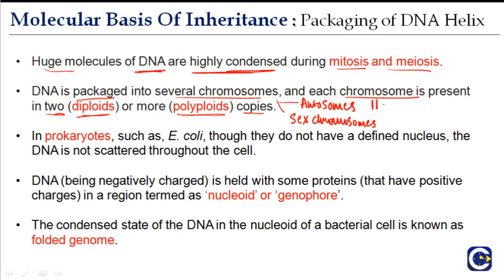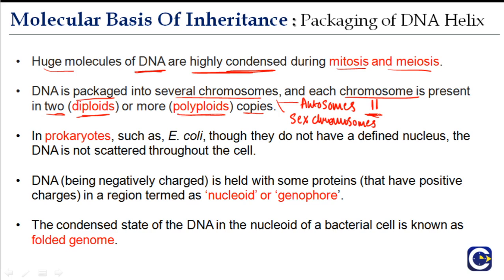So these chromosomes are basically diploid, or they can also be polyploid. In humans, in certain diseases, they can be polyploid, and in other organisms, they can occur in a polyploid state. So this chromosome is a highly condensed form of DNA. It is packaged, it is condensed.